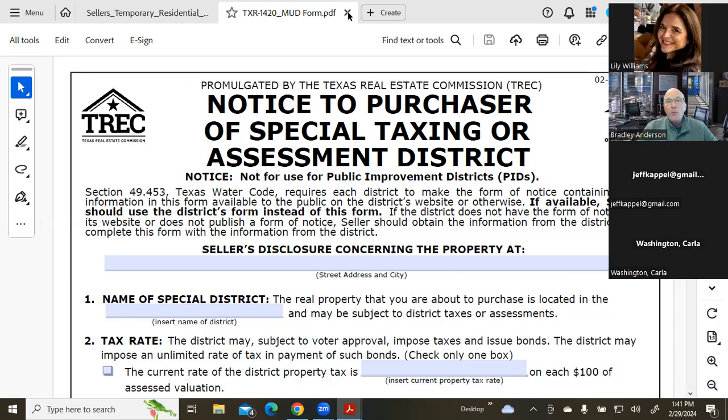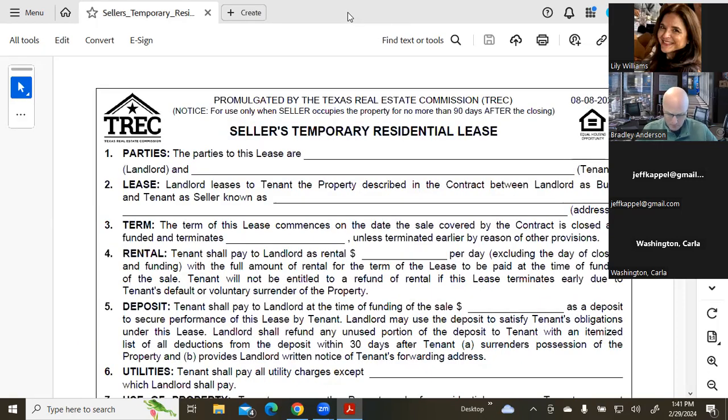The last form I wanted to go over, make sure I'm hitting all my notes. Yeah. So is seller's temporary residential lease. So when would you use this?